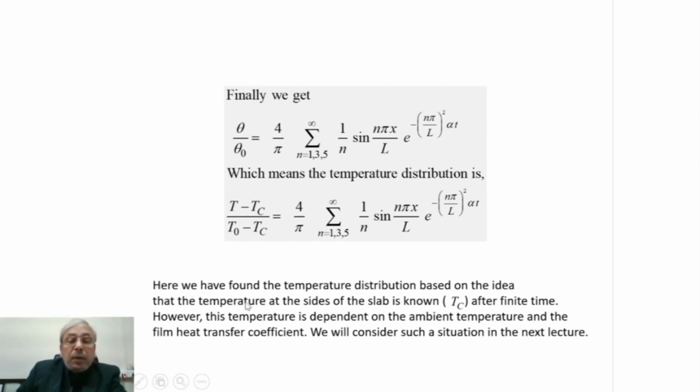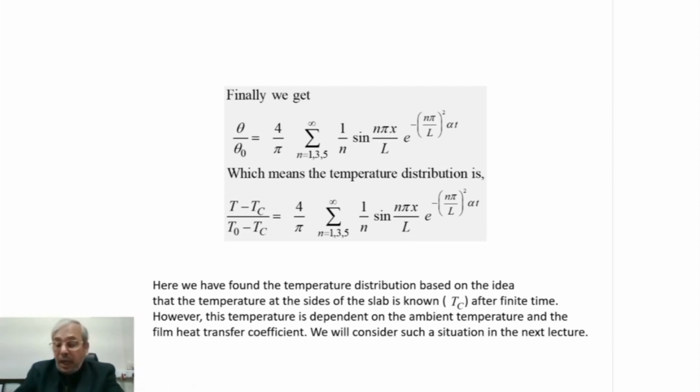So here we have found the temperature distribution based on the idea that the temperature at the sides of the slab is known, which is Tc, after finite time. However, this temperature Tc is dependent on the ambient temperature and the film heat transfer coefficient.